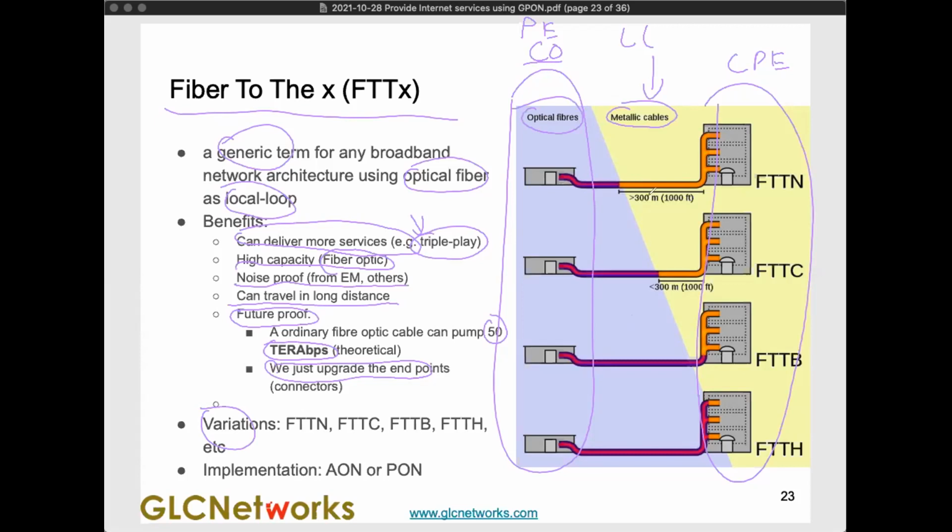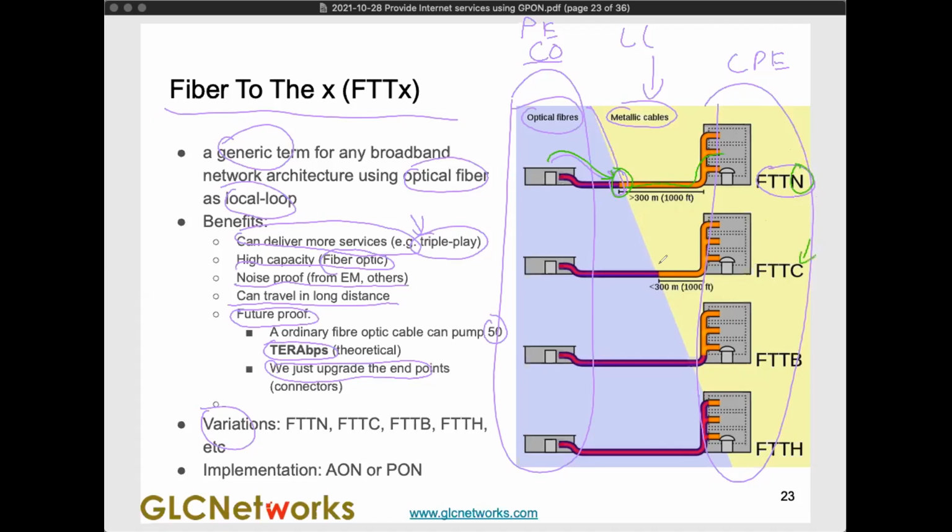If the fiber optic ends at this point, it's called FTTN, fiber to node. From the central office to this point is fiber optic, and then from this point to the customer we are using copper wire. So that is FTTN, fiber to node.